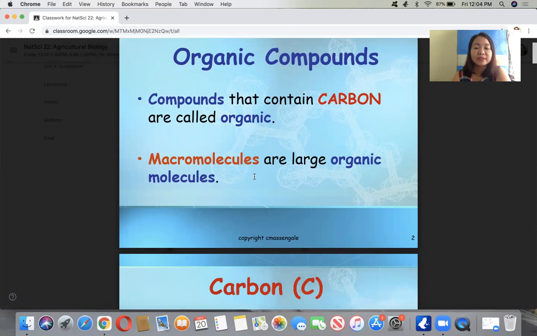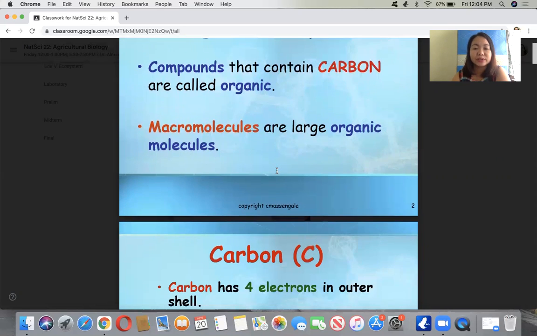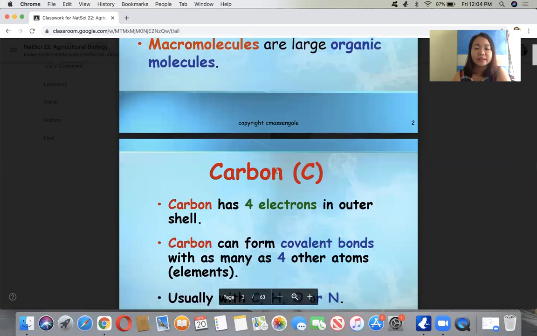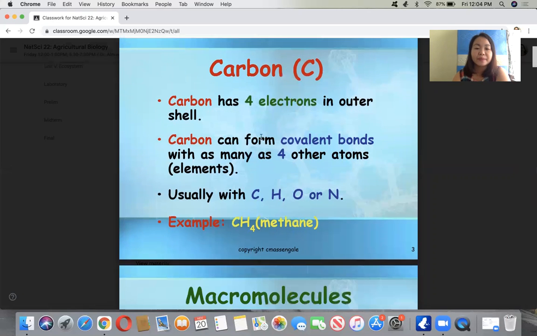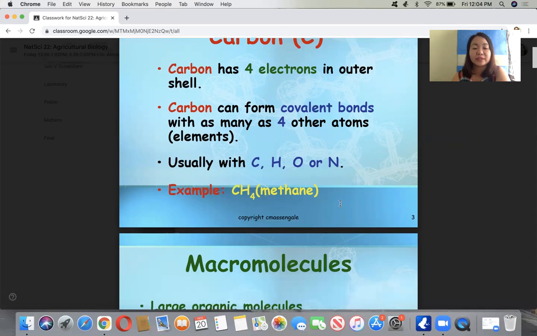So macromolecules are large organic molecules, once again, and they have carbon with 4 electrons in the outer shell, and carbon can form covalent bonds with as many as 4 other atoms, usually carbon, hydrogen, oxygen, and nitrogen.